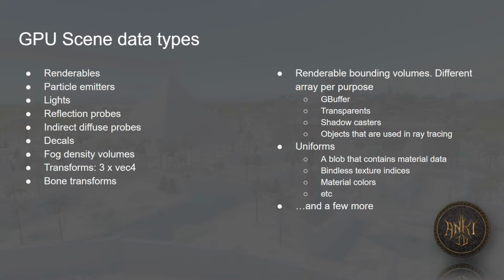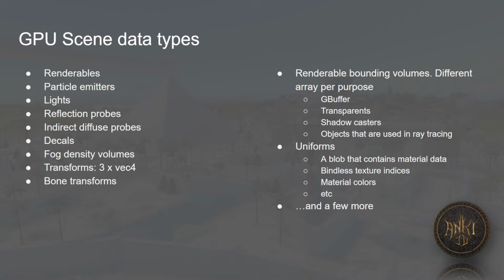Now, the GPU scene has multiple data types. We have, for example, the renderables, particle emitters, lights, reflection probes, indirect diffuse probes, decals, fog density volumes. We have the transforms, and we also have bone transforms. And then on the left, we can see some special structures. We have the renderable bounding volumes, which is more or less an AABB of the drawable scene graph objects.